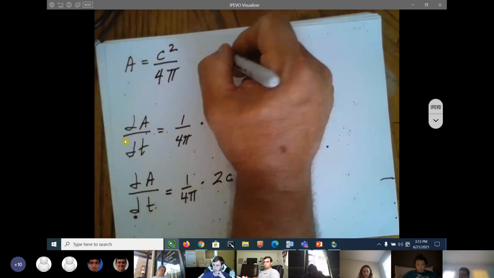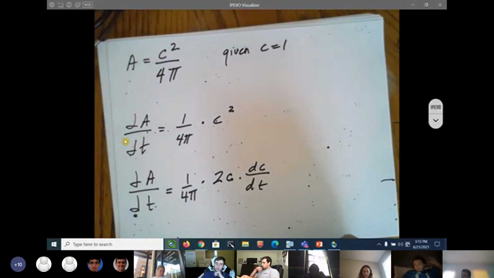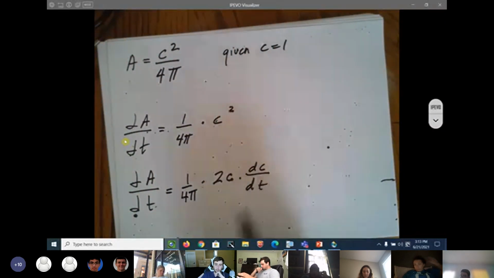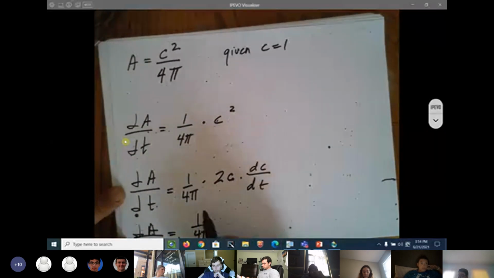I think given c is equal to 1, we're going to put that in right here. And that's going to be the change in area in regards to time of 1 over 4 pi times 2, because 2 times 1 is 2.